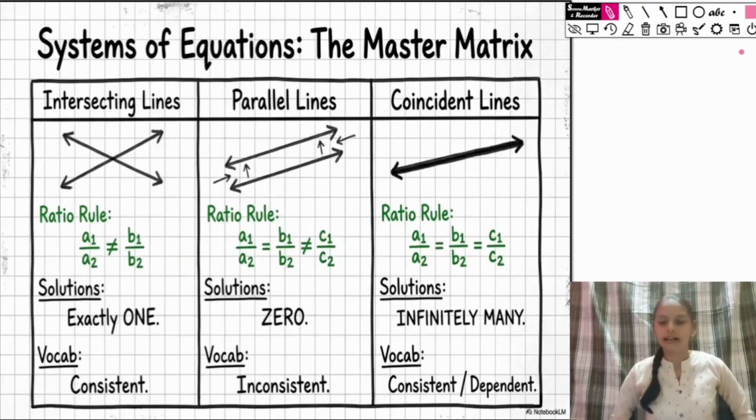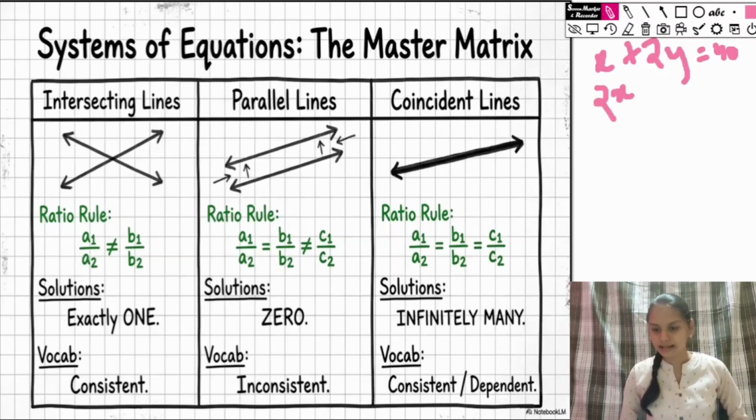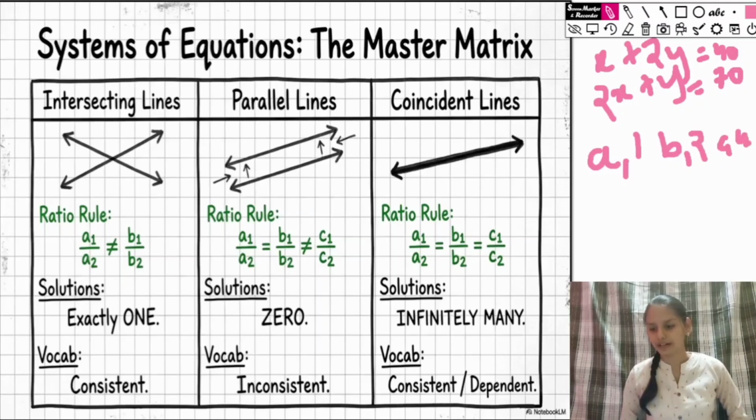Now let's see what type of lines the given problem gets. x plus 2y is equal to 40, and 2x plus y is equal to 70. These were the two equations. Now I should check the ratios. First, how to identify a1, b1 and c1: a1 is 1, b1 is 2, c1 is 40.